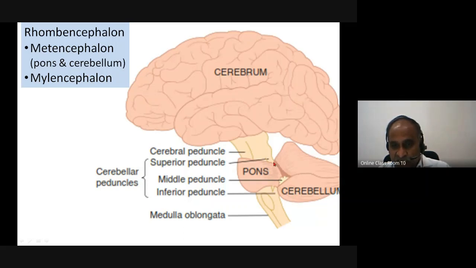You can see that the cerebellum is connected to the pons and the medullary component through connections here, the superior, middle, and inferior peduncles. They are the connectors which allow the fibers either to enter the cerebellum or to leave the cerebellum. That is about the cerebellar peduncle.